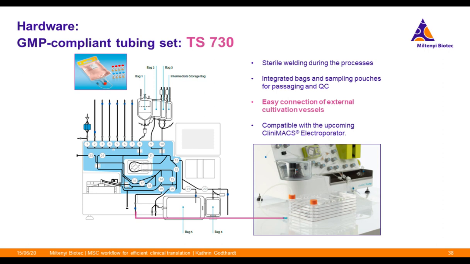And you can not only connect one, for example, cell stack to these dead ends, you can also connect up to 3 cell stacks, 5-layer cell stacks, for example. The whole tubing set is compatible with the upcoming CliniMACS electroporator for gene manipulation.